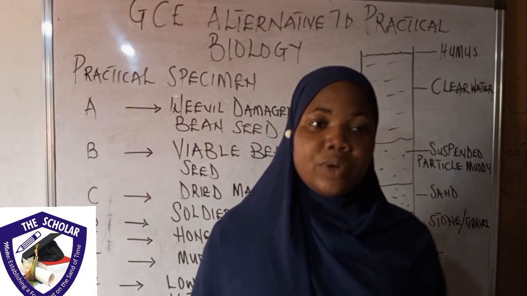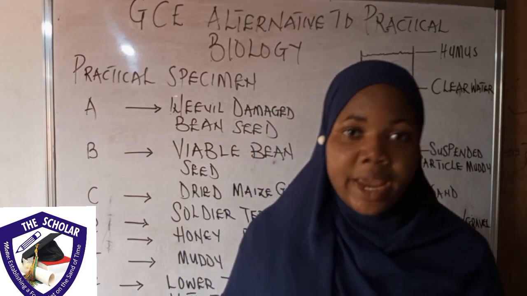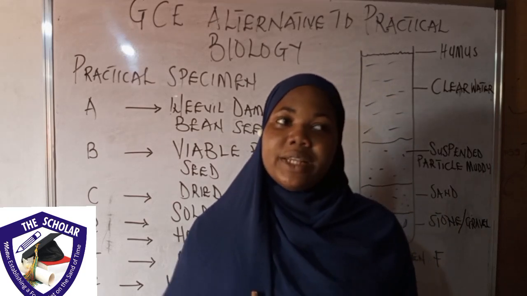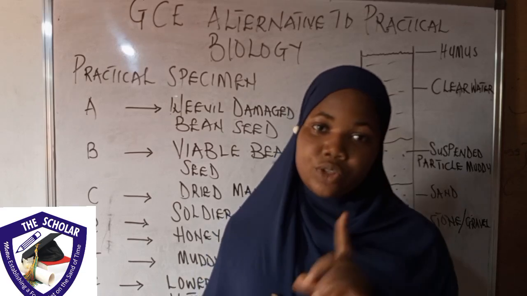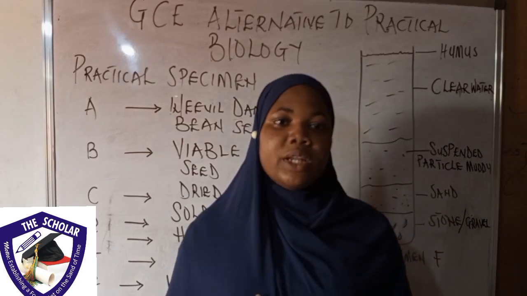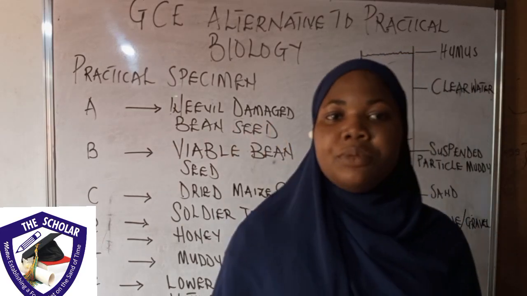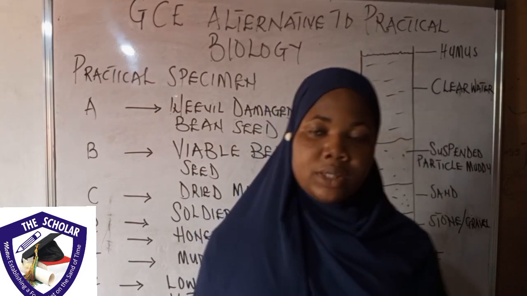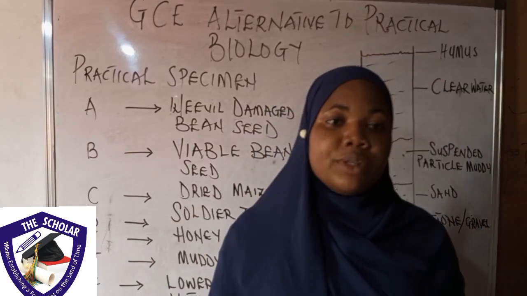You'll be asked to identify and you are meant to explain by saying specimen A is a weevil damaged bean seed. When you are saying bean, you must make sure that you don't add the letter S at the back of the bean because it is just a single bean. Apart from the weevil which damaged the bean seed, you might be asked to list other organisms that can be responsible for the damage of the bean seed.